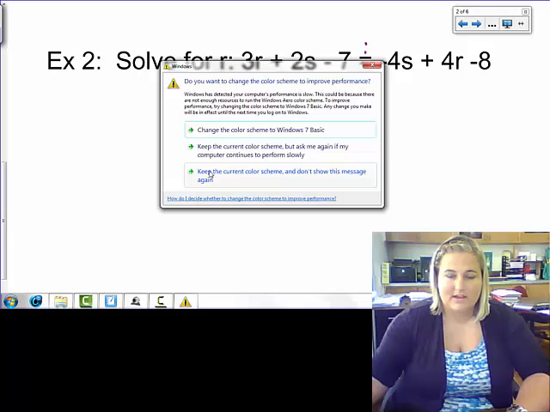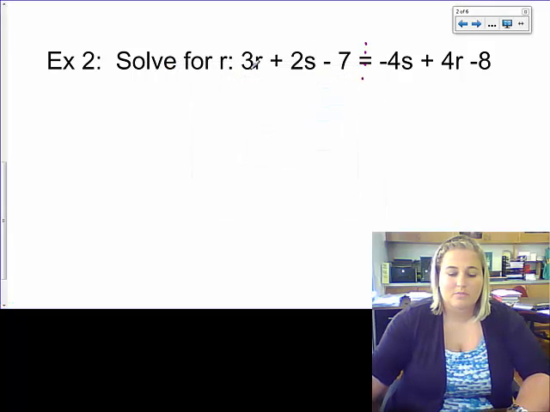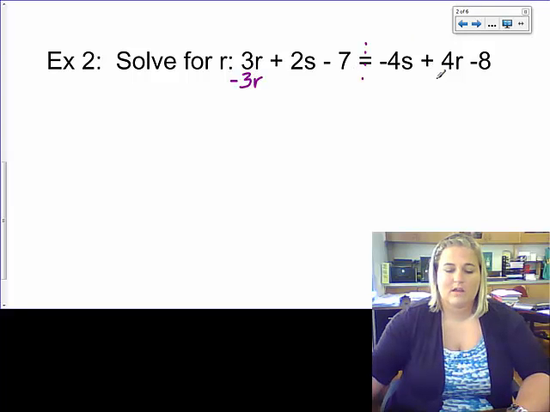So what I'm going to do is I have 3r here and I have 4r here. I'm going to move my 3r to the other side so that I have my r's all on the same side. So I'm going to take 3r minus 3r, and what I do to one side I must do to the other. Now if I have like terms, when I'm subtracting or adding, I have to keep them with its like terms.